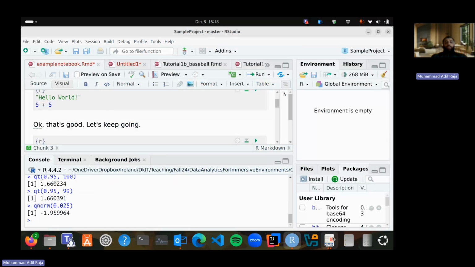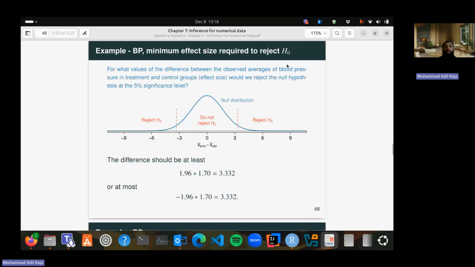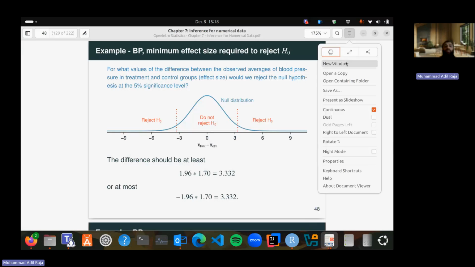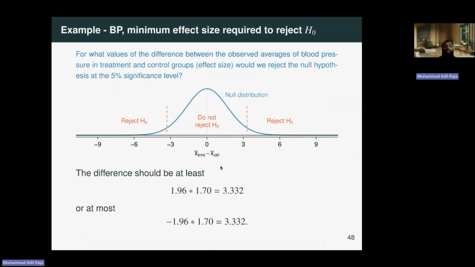And similarly, qnorm of 0.975 is also the same value, with positive sign. qnorm basically tells us the z-score. We could have used a t-score here as well. It is up to you, but this example is using z-scores. Okay, so 1.96 into 1.7, minus 1.96 into 1.7.